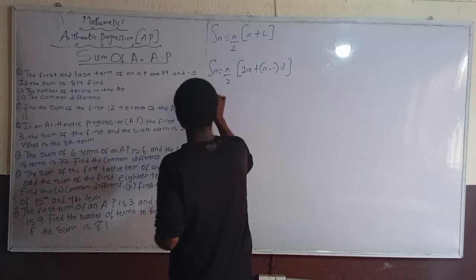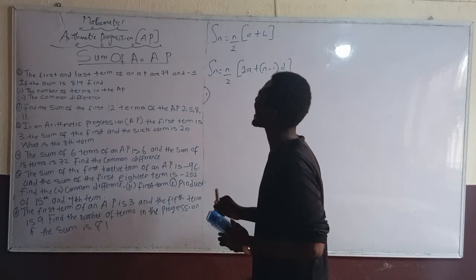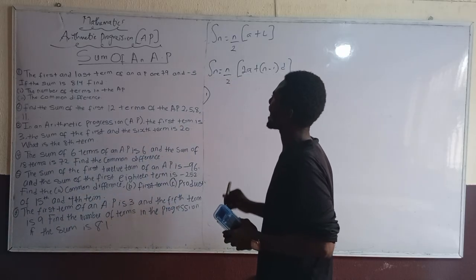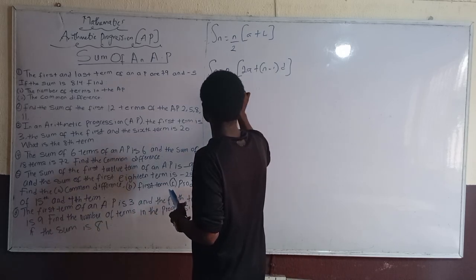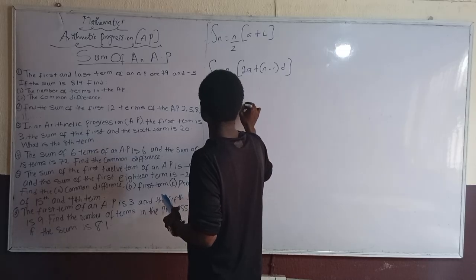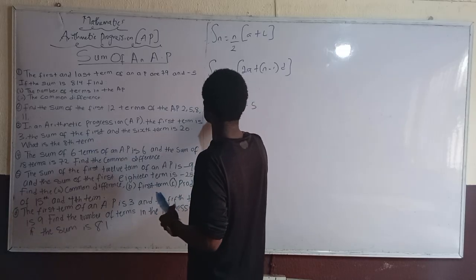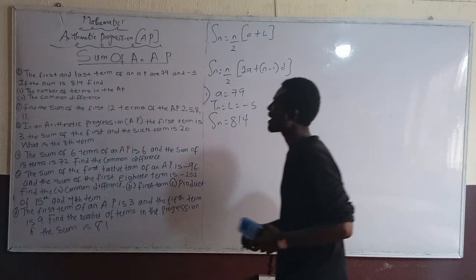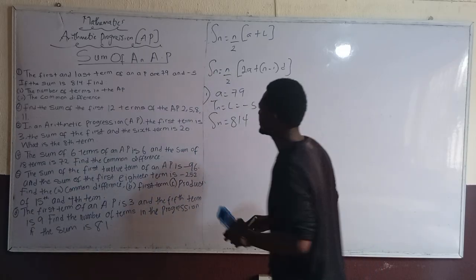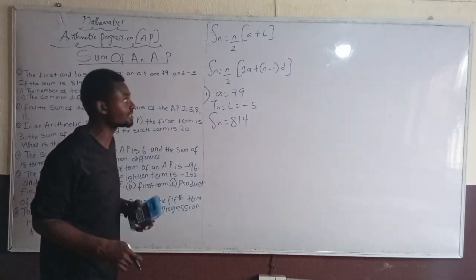So we move to question 1. The first and last term of an AP are 79 and minus 5. First, that is a, 79. Last term, Tn or l, is minus 5. If the sum is 814, find the number of terms.